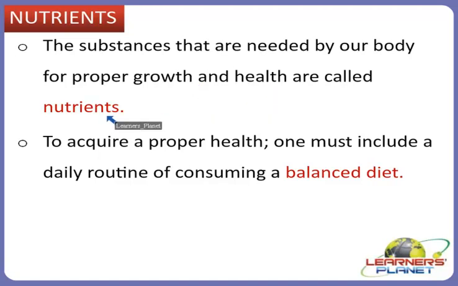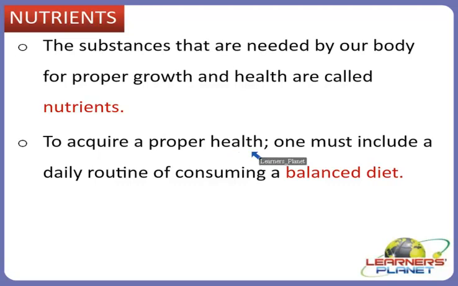As you know, health is defined as the state of complete physical, mental and social well-being, and in short we can say the absence of disease. So for maintaining health and for proper growth, we need such substances which are very essential for us, and they are termed as nutrients.